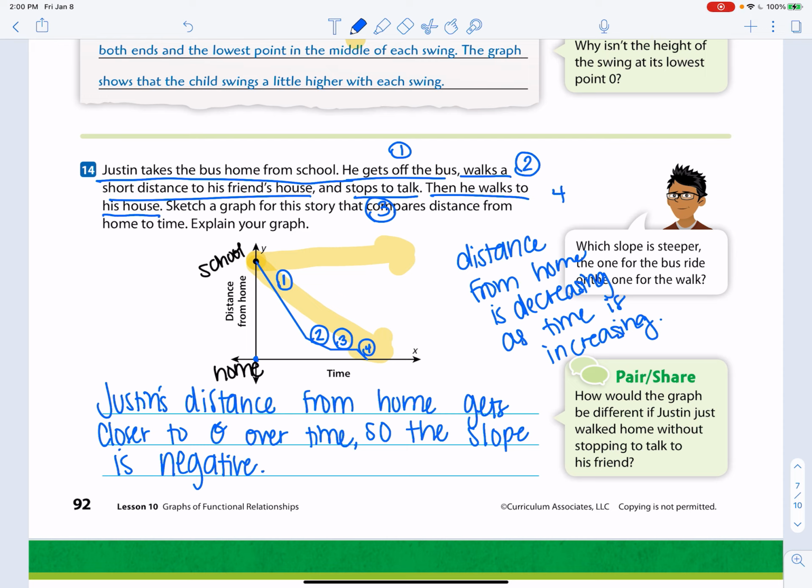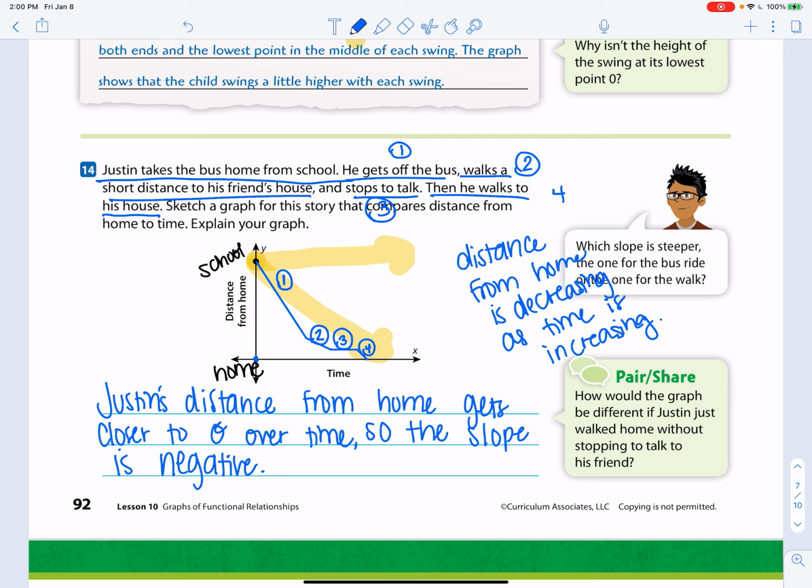Okay, so the bus ride, the steepest part is going to be the bus ride. And the bus is steeper than the other parts because for the other parts he's walking. So he should be covering a lot more distance when he's on the bus than when he's walking.